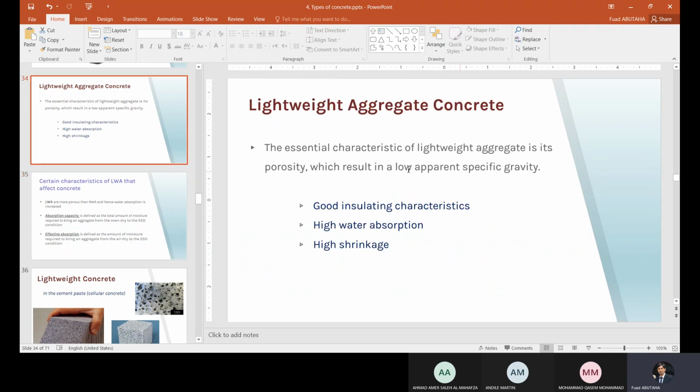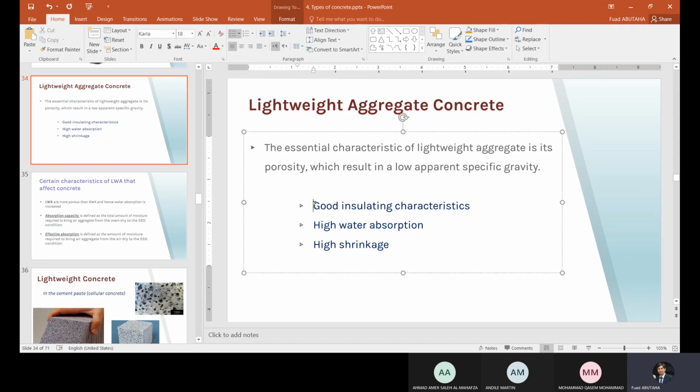So there are characteristics that reflect lightweight concrete in general. Lightweight concrete is produced as a result of creating voids inside. And since we have high voids inside the concrete, it will have good insulation properties: insulation from heat and from sound, so it has good sound and good thermal insulation.